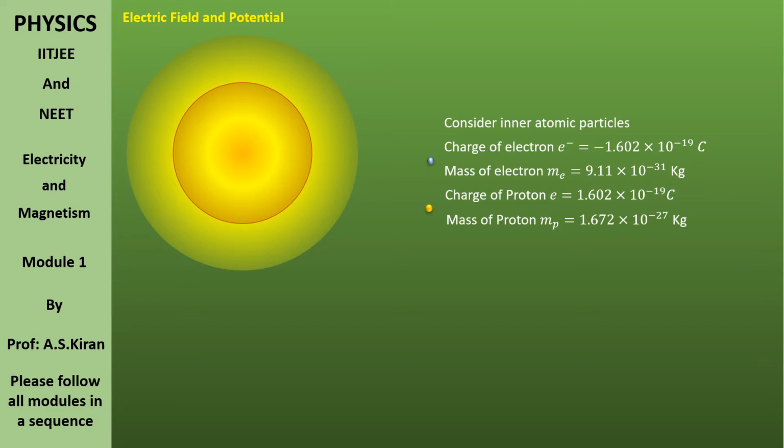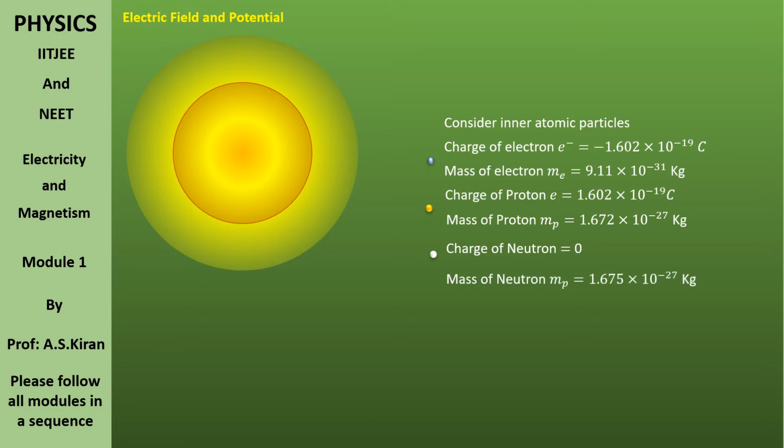Mass of proton is 1.672 into 10 power minus 27 kgs. What is mass of proton? 1.672 into 10 power minus 27 kgs. Charge of neutron is 0.